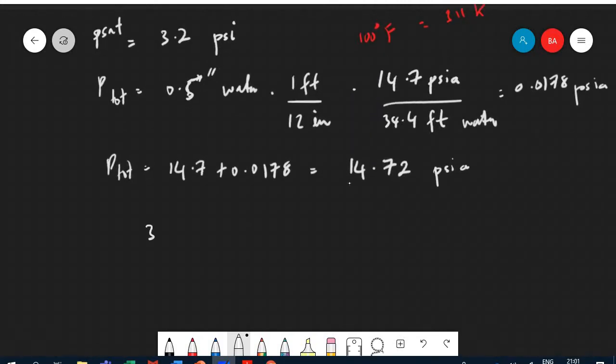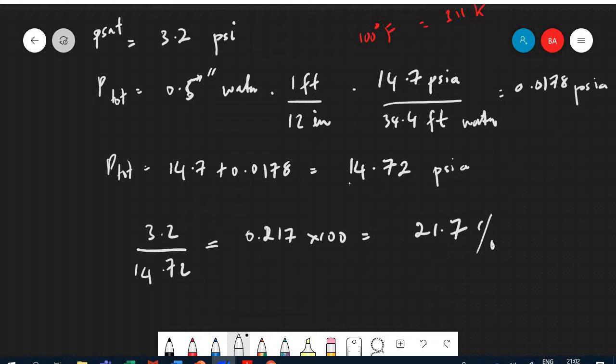Great. Now if I divide 3.2 over 14.72, the partial pressure over the total pressure, I get 0.217, and if I multiply this by 100, I get 21.7% of benzene.